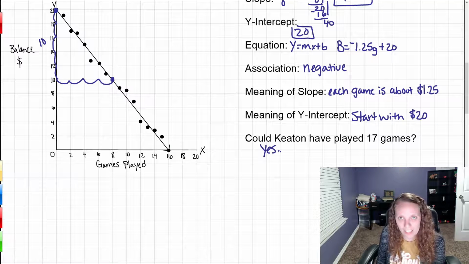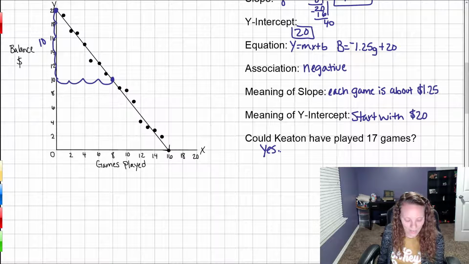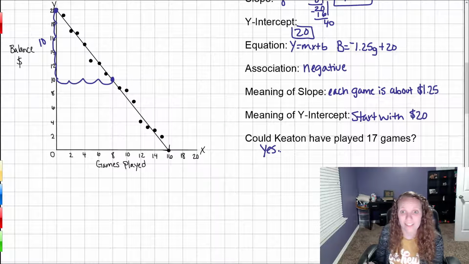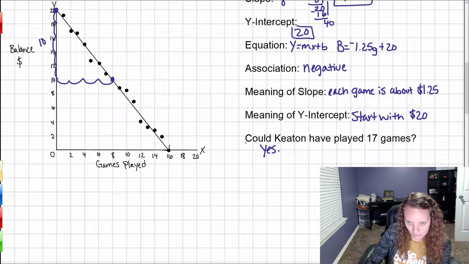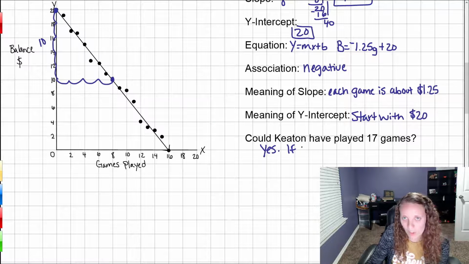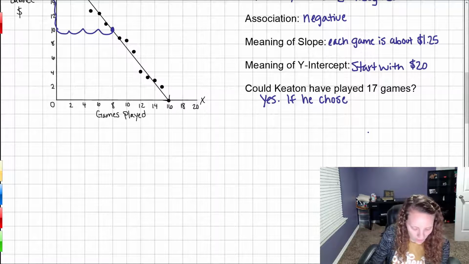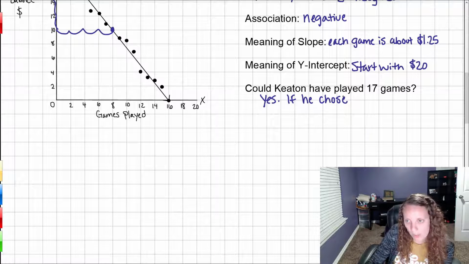The only way that he could play 17 games is that maybe he should choose to play some games that cost less money. So yes, he could make 17 games work if he chose to play a few cheaper games.